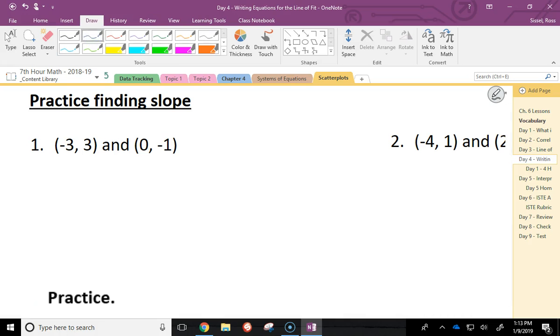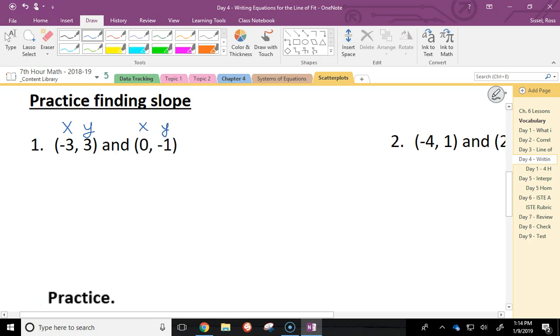Remember, when we find slope, the most important thing is identifying our x and y. So I have (-3, 3) and (0, -1). -3 is my x, +3 was my y. Everyone should be in there, so they're writing these down. My other coordinates were (0, -1).